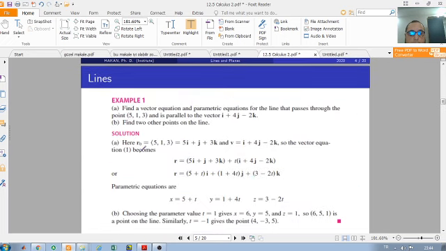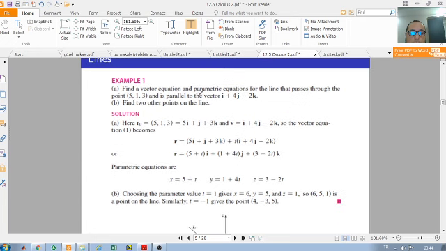So let's find an example for this. Find the vector equation and parametric equations for the line that passes through the point 5, 1, 3 and is parallel to the vector i plus 4j minus 2k. Or we can write it has the components 1, 4, minus 2.